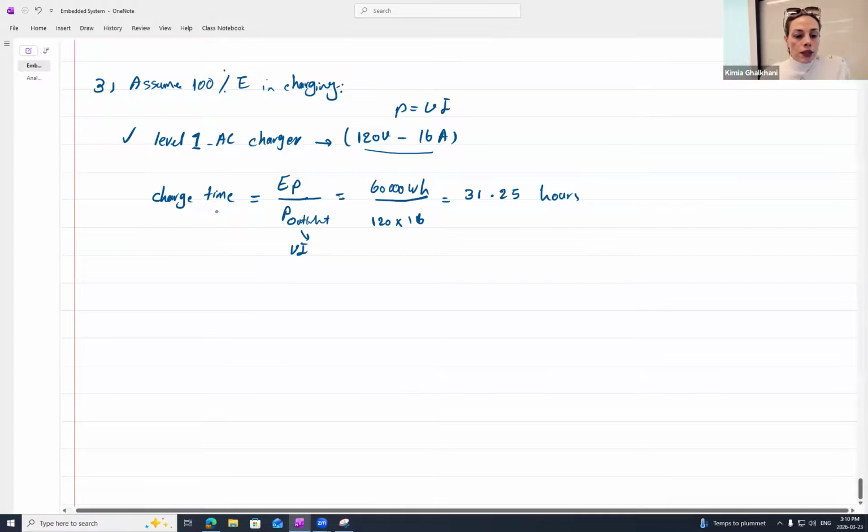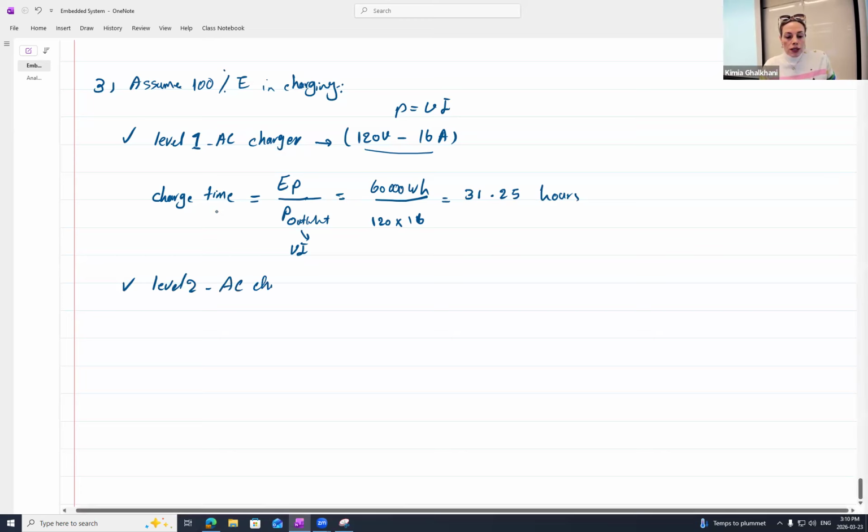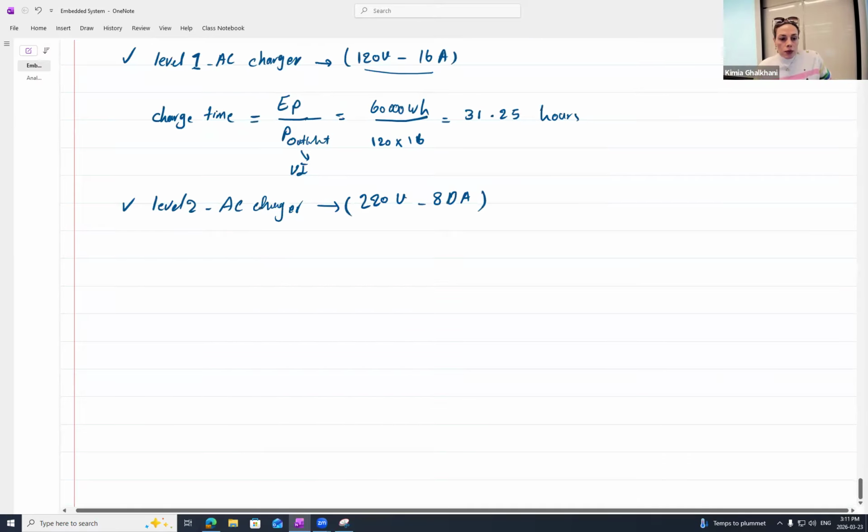Now, another option is using level 2. Level 2 AC charger. What's the range for level 2? Who can recall? 220, right? 220, and it can cover up to 80 ampere. So then I'm having a bit faster charge time in here. I'm gonna use the same equation, very similar to that one.